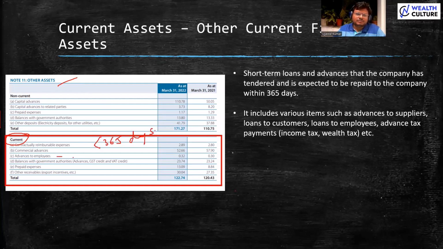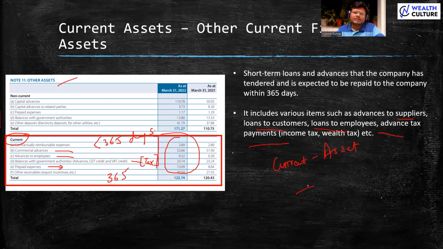You give advances to employees, you give advances to your clients, customers, to government, some sort of tax payment that you did ahead of time, some expenses that you paid ahead of time, right? But you will get it back within 365 days. All of these are current assets. Mostly operational stuff here. The amount won't be that high, right? But yeah, mostly these are operational bits relating to suppliers, loans to customers, loans to employees, advance tax that you paid.